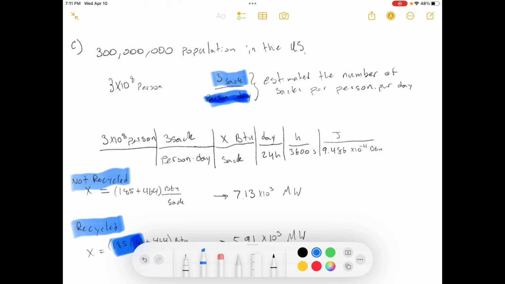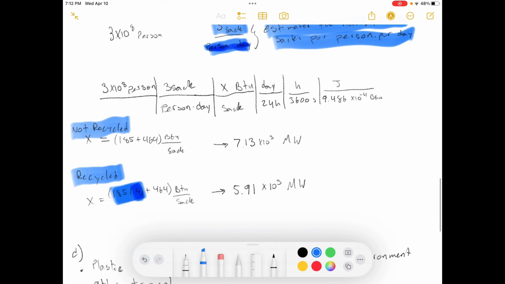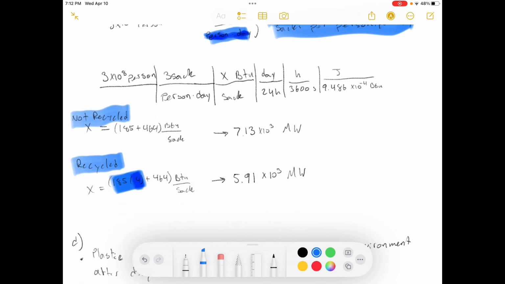So some of these people are children or whatever, and some of them are older. And anyway, I think if you have 3 meals a day or something like that, maybe you have 3 sacks a day. That's kind of what I came up with. You could put your own number there. If you think it's more or less, you can change it. So estimated sacks per person per day, that's where I came up with 3.